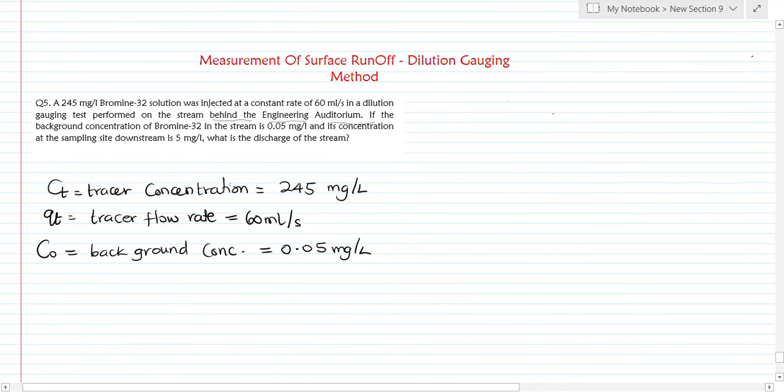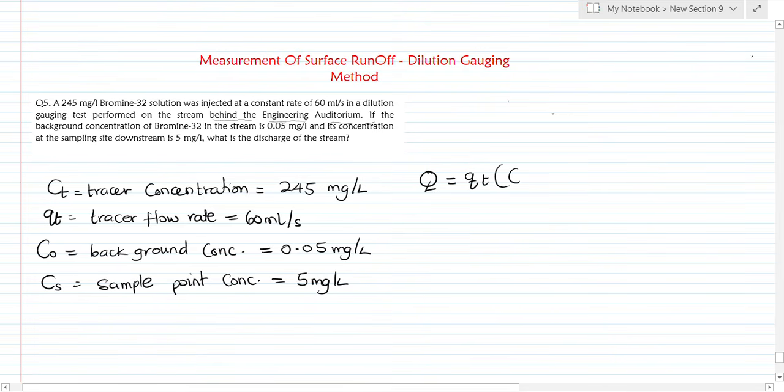So that one is my Cs, the sample point concentration, which is 5 milligrams per liter.